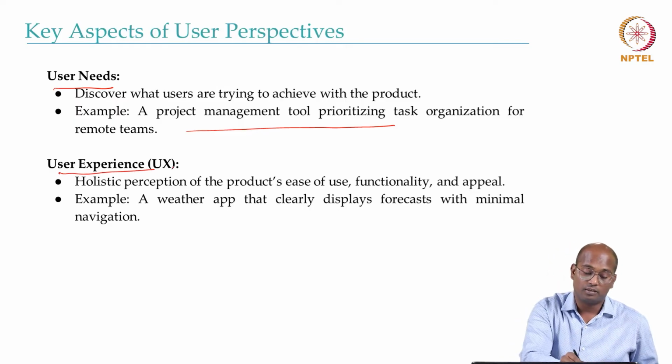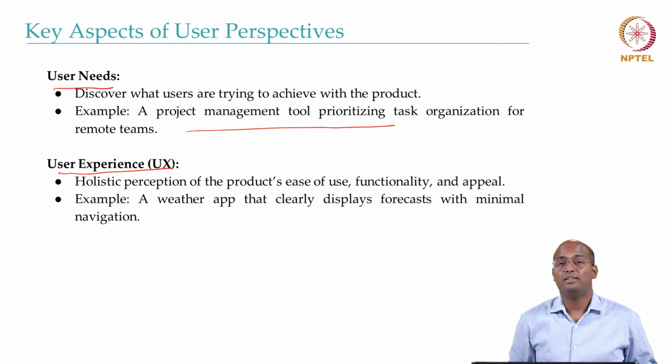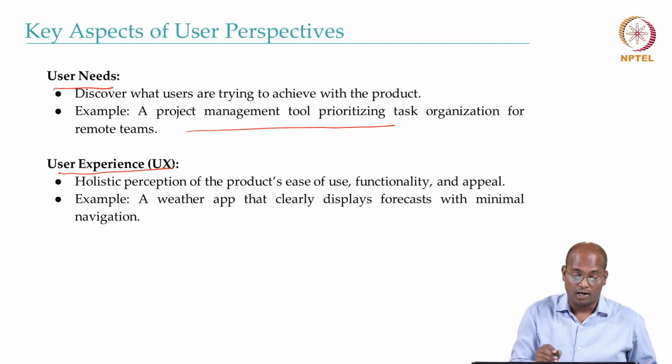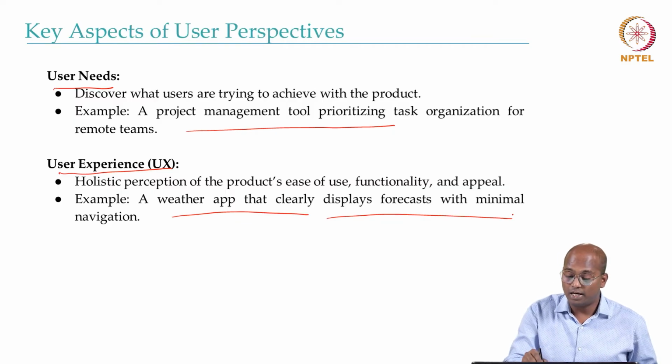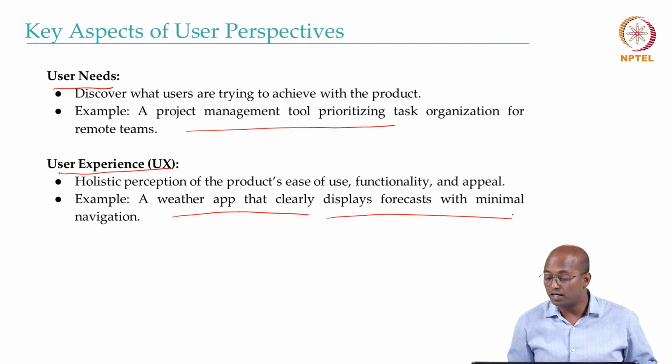The next key aspect is the user experience. It is a holistic perception of the product, how easy it is to use, what its functionalities are, and the appeal. An example is a weather app that clearly displays forecast with minimum navigation.